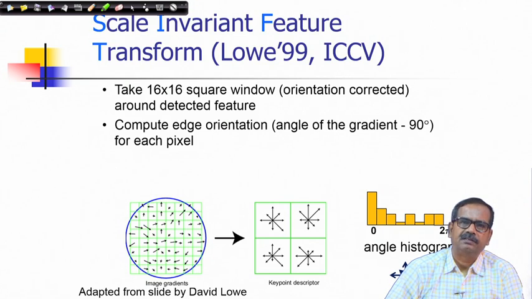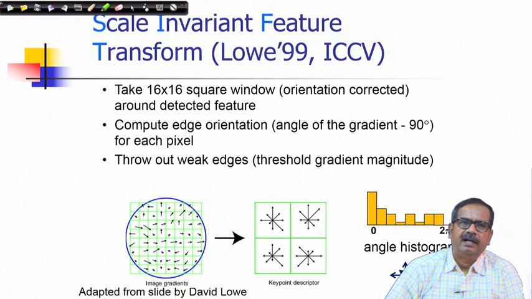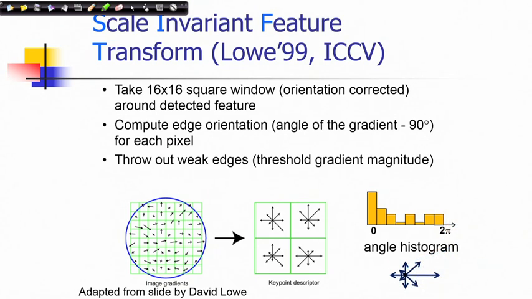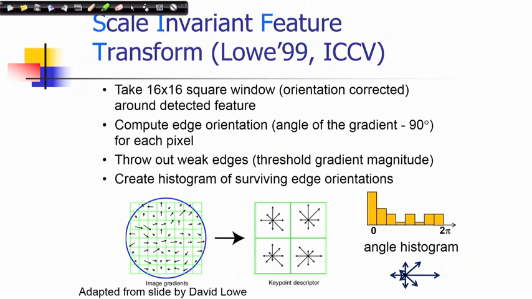These two give a direction, and that angle is the angle of the gradient. If I subtract 90 degrees from it, you get the edge orientation for each pixel. Then you can throw out weak edges, that means put a threshold over the magnitude, and create a histogram of the surviving edge orientations, which are shown figuratively in those diagrams.